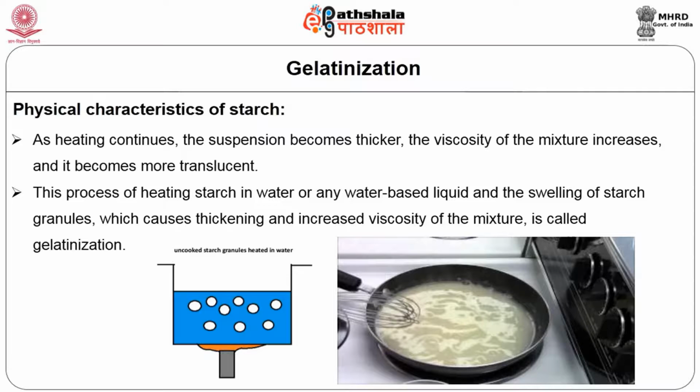So, those of you who are not aware of this, you should look at the label of the food before consuming to see whether it is of vegetarian or non-vegetarian origin. But whether it is vegetarian or non-vegetarian, the property exhibited by the granule is the same. That is, it gives that particular texture and consistency to the food product.